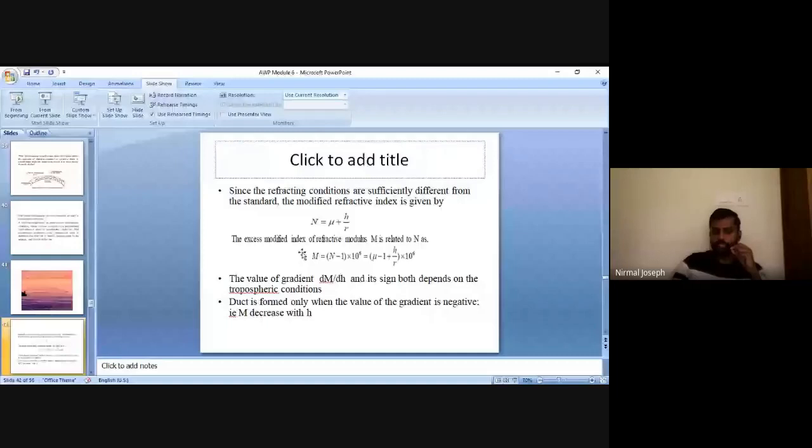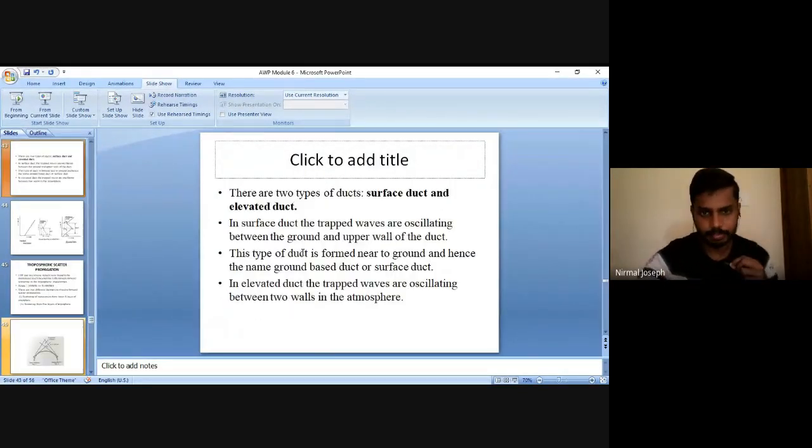That is our basic idea. If the refractive modulus M, or (mu - 1 + h/r) x 10^6, is reducing with respect to height h, then we can say that the ducting phenomenon can occur or is there.